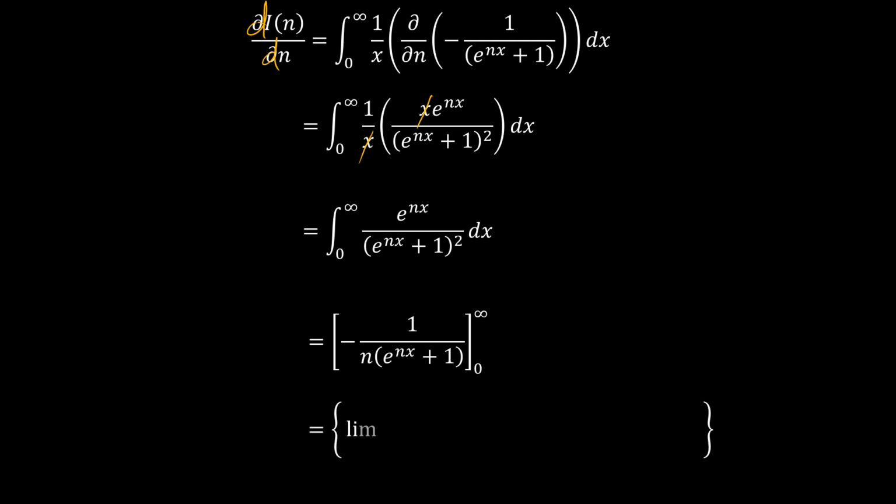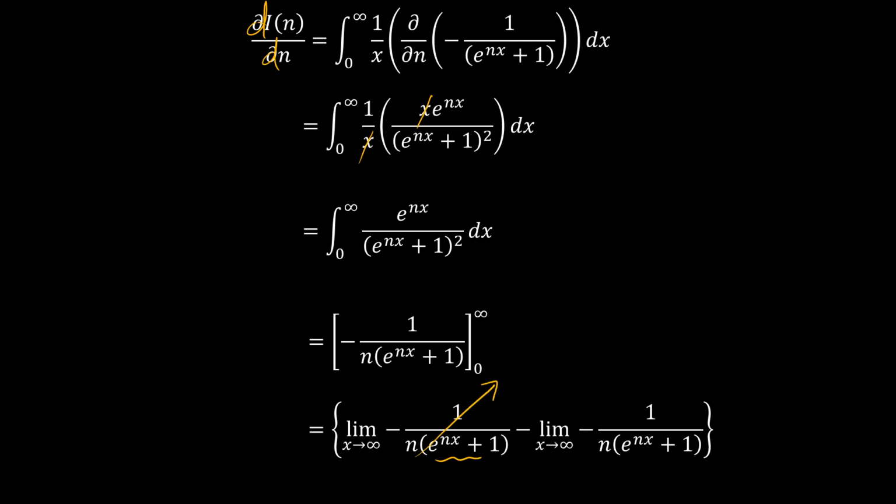Limit for when x tends to infinity of negative 1 over n times (e^(nx) plus 1). Since this part tends to infinity, this entire limit goes to 0. And then when x tends to 0, it becomes 1 over n times (1 plus 1), so this tends to negative 1 over 2n.